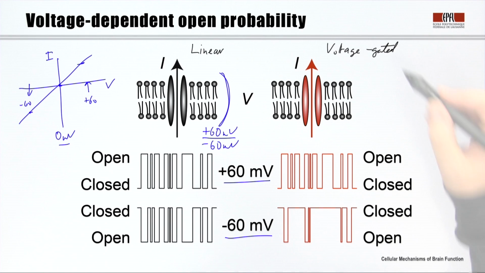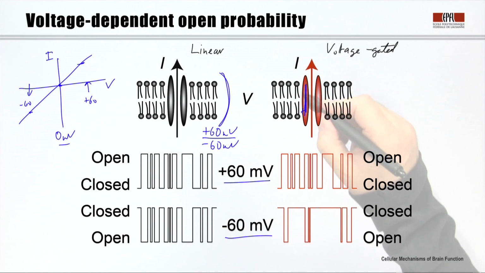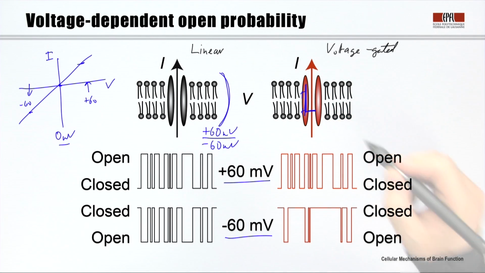For the voltage-gated ion channel, the situation is very different. At negative potentials, the ion channel has a low open probability. Remember, the S4 gating area here is positive, and the gate is closed at negative potentials.